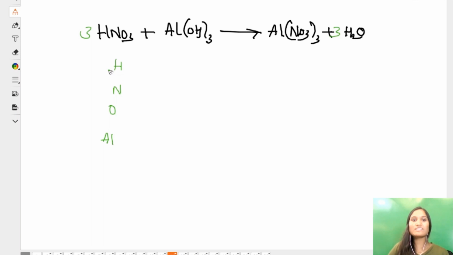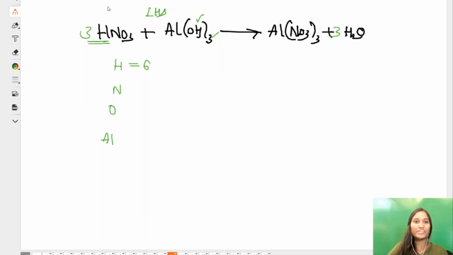So these are the atoms which we have on the left hand side: hydrogens, nitrogens, oxygens and aluminium. Now, those who answered correct, please respond in the chat box. How many hydrogens do we have on the left hand side? We have 3 hydrogens here, and along with that, 3 hydrogens here. Totally 6 hydrogens.